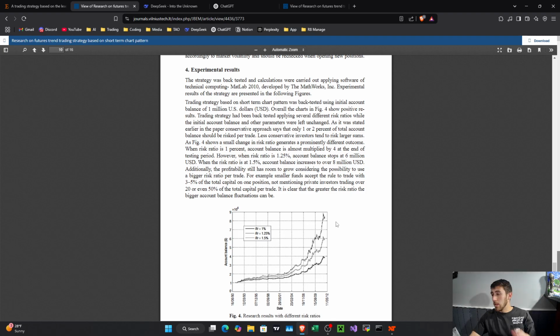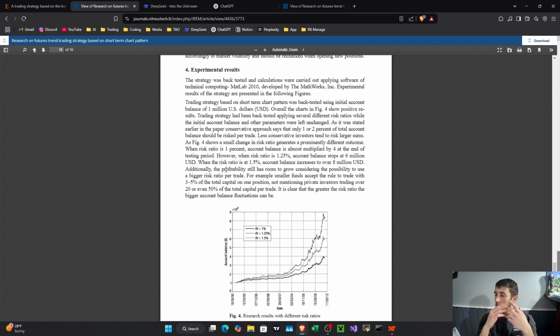Now, the thing with this that can be very tricky is this is completely skewing the backtest. So if somebody shows you a backtest with risking by percent, you always want to be careful with that because, say you start with $100, you risk 1% per trade.